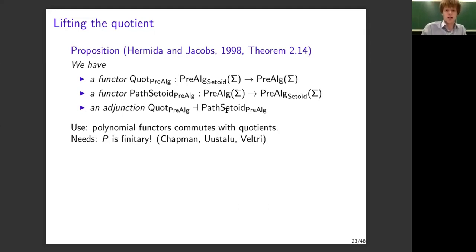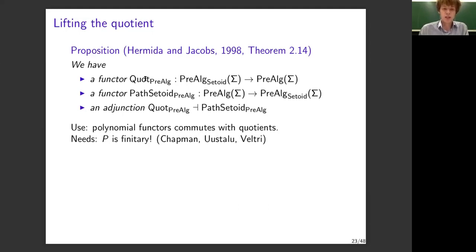What's important to notice is that on the first coordinate, this is the quotient, and on the second coordinate, you do the interesting part. The main idea for defining this functor is that polynomials commute with quotients.